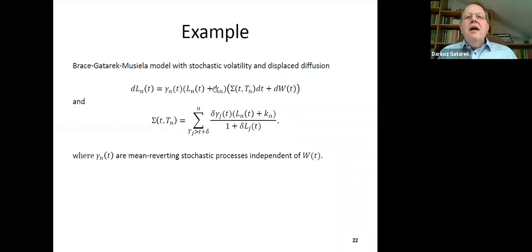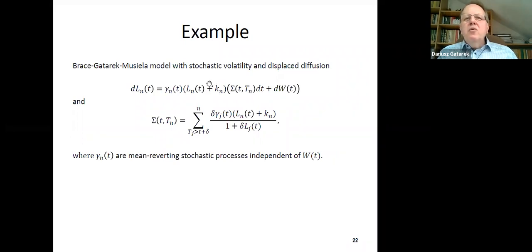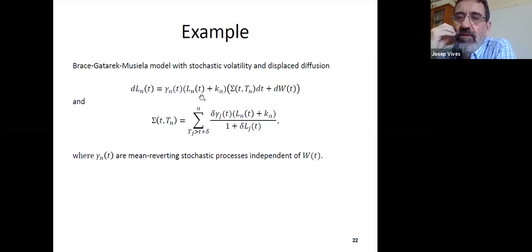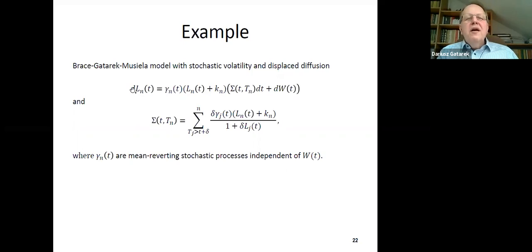So the displacement here works quite well and is popular in practice because of the Black 76 framework. So the drift term here doesn't exist, it is null. So we may easily get closed form formulae for option prices.